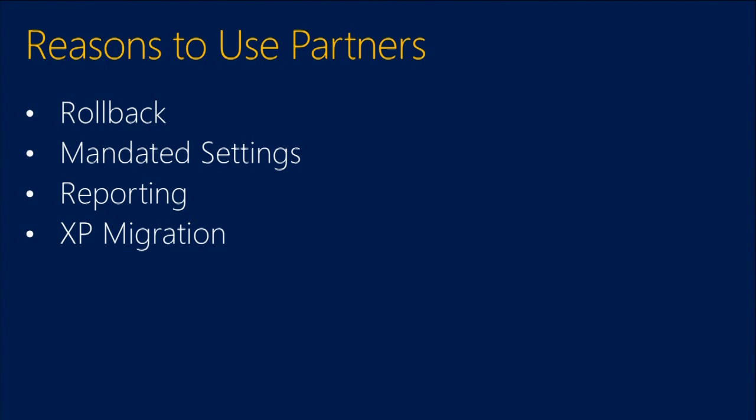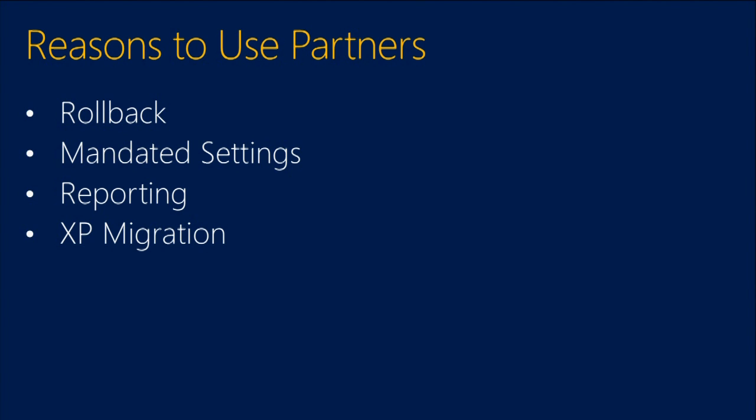Reporting, there is none, because UEV doesn't have a back-end infrastructure, and there may be those that desire that back-end infrastructure, then a partner solution would be great. And finally, another question we've had is working with XP and supporting XP and migrating from XP. Again, we would recommend a partner solution.